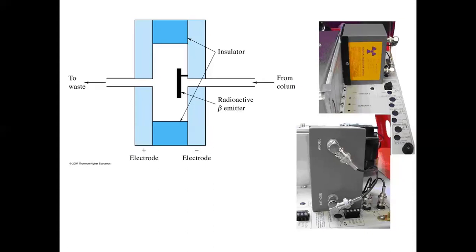A steady state current is recorded by the ammeter. Once the solute migration starts, the solutes are going to capture the electrons which have been emitted by this beta emitter, so that a decline in the current can be seen in the ammeter.